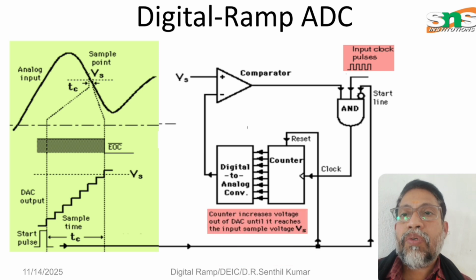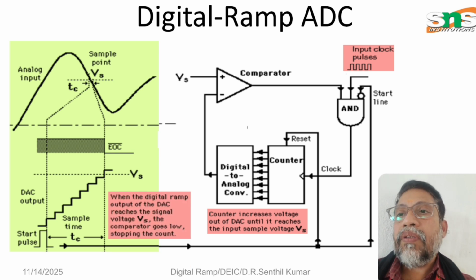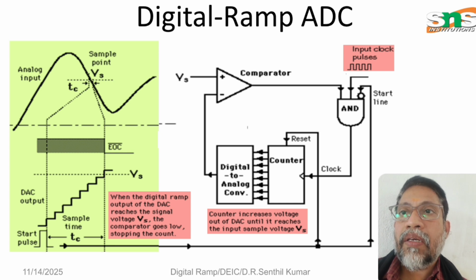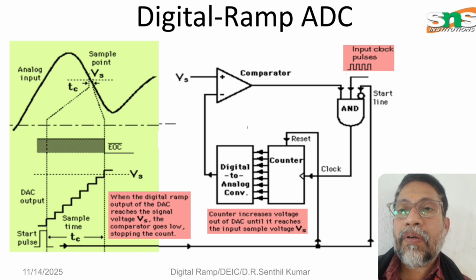The counter counts the number of pulses, and this value is given to the digital to analog converter. Let me assume it is 7 or 8. If the value reaches the sample point, it may be 7 or 8 pulses, then the comparator compares and tells whether the sample point is greater than the given analog value or lesser than the given analog value, such that the comparator decides to stop the number of counts.